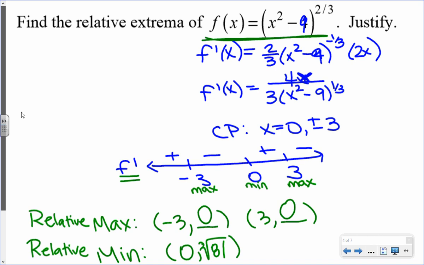If I ask for justification, our relative maximum justification is our derivative is changing from positive to negative. Our relative minimum justification is that our derivative is changing from negative to positive.